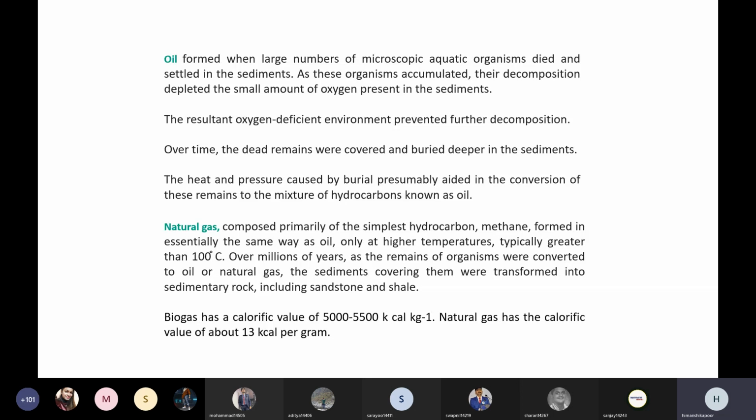Then coming to natural gas, it is one of the simplest hydrocarbons, majorly composed of methane. It was formed from similar processes, but one point to remember is that it formed only at higher temperatures. Since it is a gas, it requires higher temperatures to be formed, else the process of formation was similar.